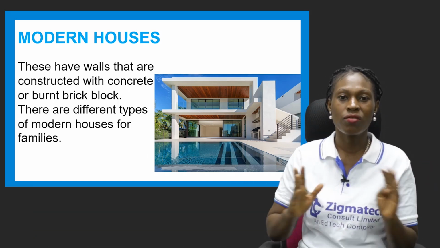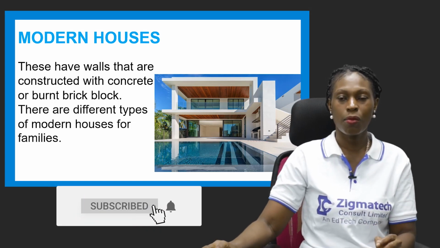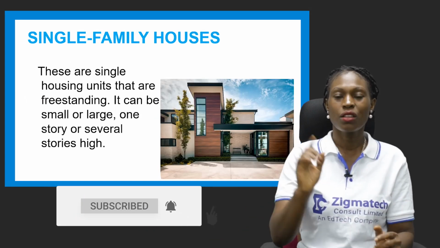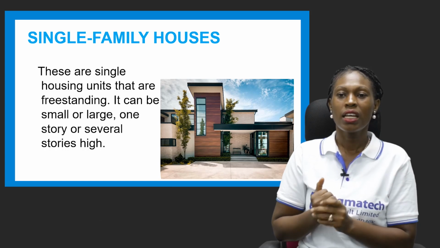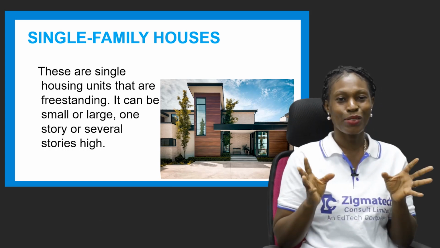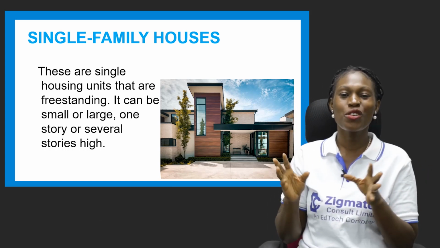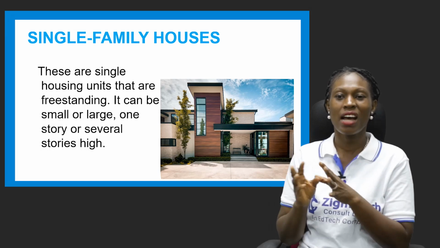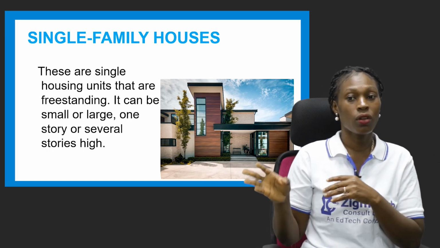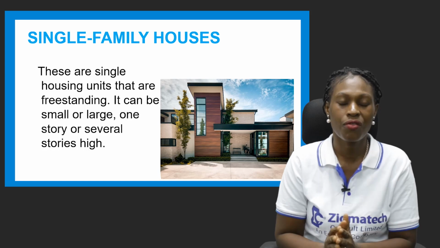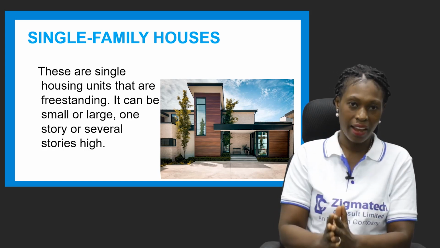We have different types, and we're going to be looking at some of them. Now, the first one here we have is the single family houses. Now, these are single units. Housing units are freestanding. It can be small or large, one story or several stories high.